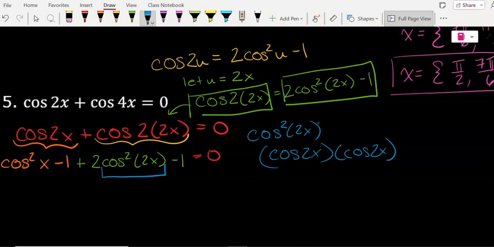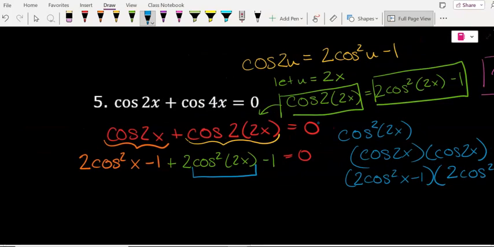And they're being multiplied. So essentially what I'm going to end up having to do here is I'm going to end up having to factor. I'm going to replace that cosine 2x with 2 cosine squared x minus 1 times 2 cosine squared x minus 1, okay? So that's what I'm going to end up doing right here. I just kind of want you guys to see where this is coming from.